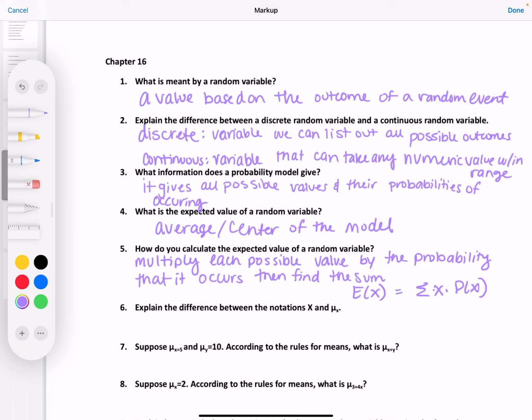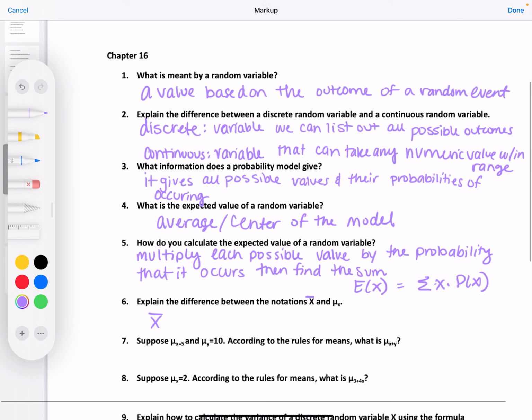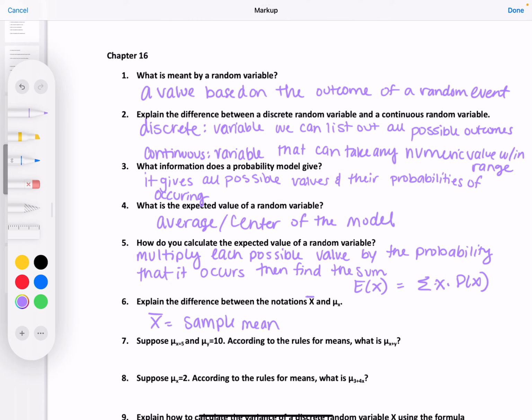The difference between x bar and mu sub x: x bar is the sample mean, and mu sub x is the population mean or model mean.